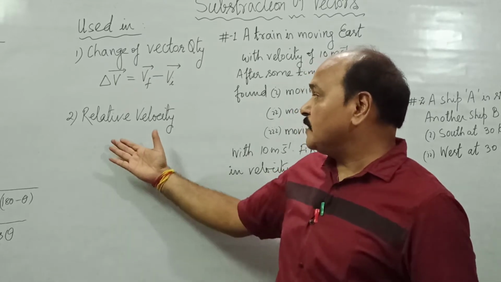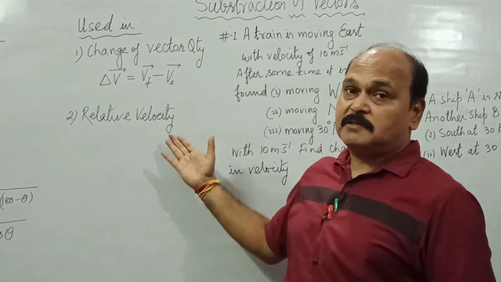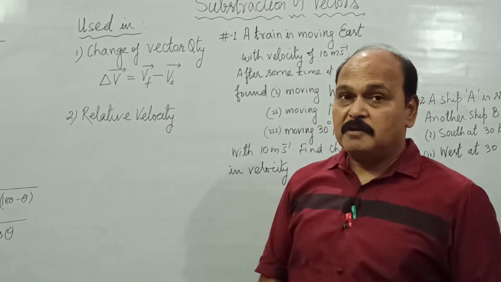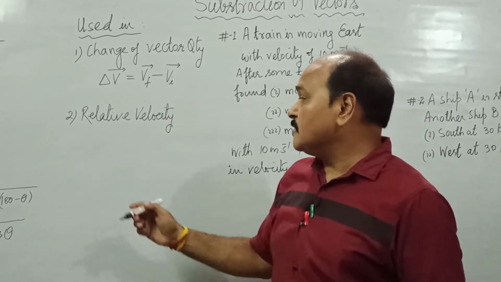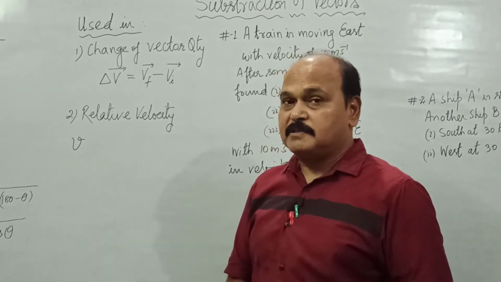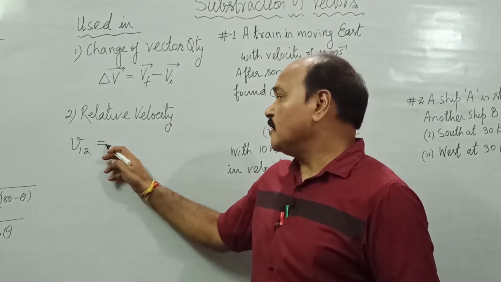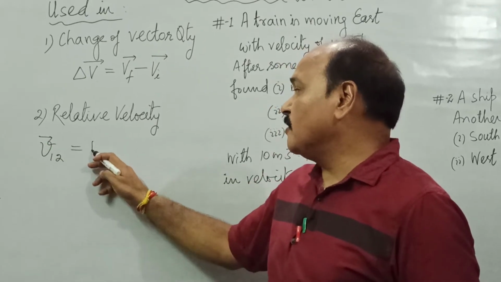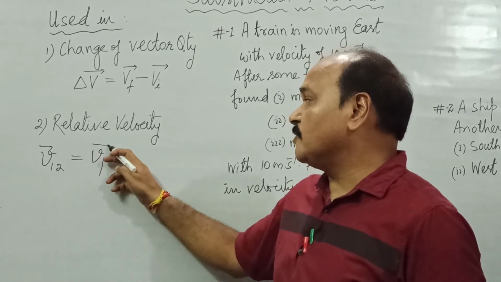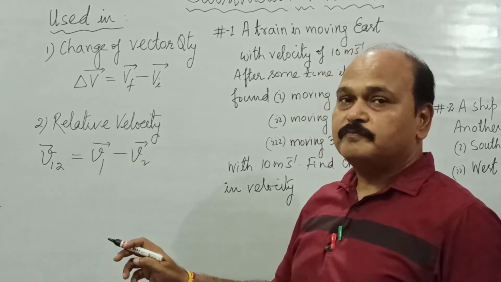Well, the other place where vector subtraction is used is relative velocity. Very important. Relative velocity is velocity as seen from a particular frame of reference. Velocity of 1 as seen from 2 is the absolute velocity of 1 minus the absolute velocity of 2.